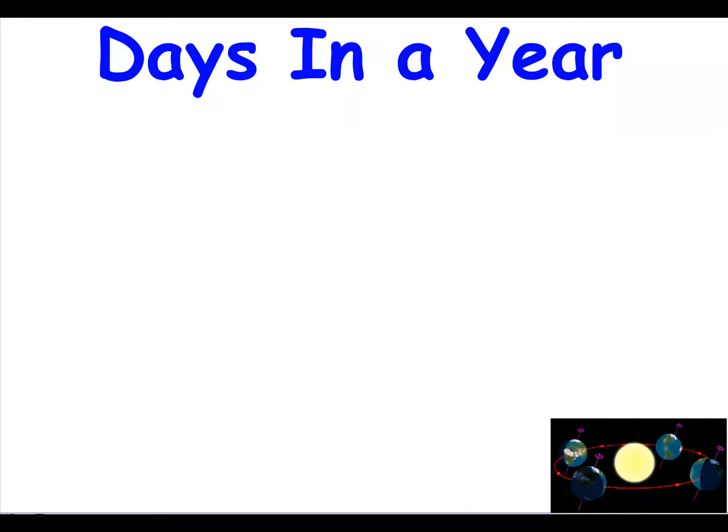The number of days in a year also comes from the length of time it takes the Earth to rotate around the Sun. Now, a lot of people assume that there are 365 days in a year, but there are in fact 365 and a quarter days for the Earth to rotate around the Sun.